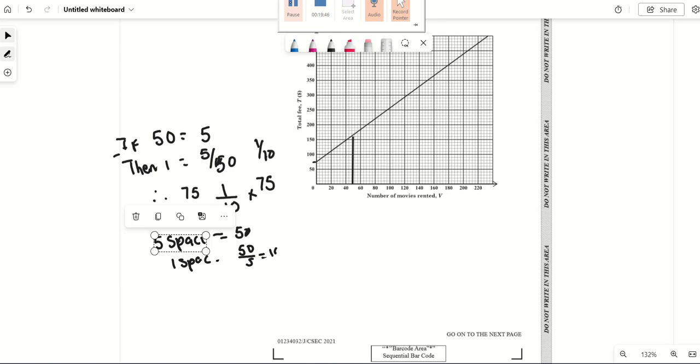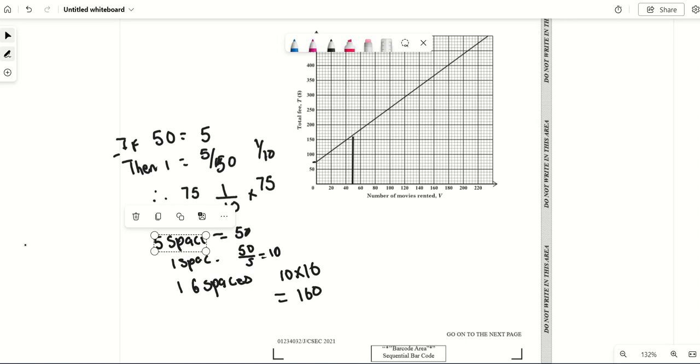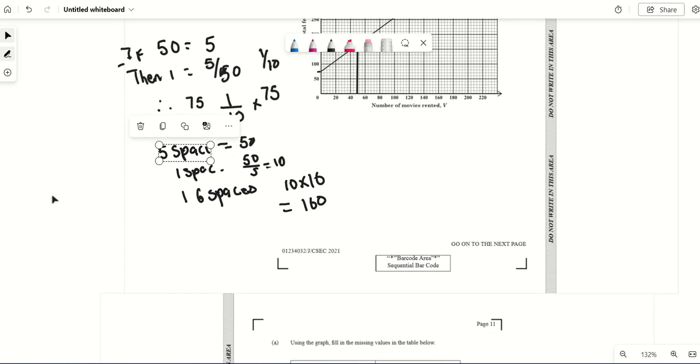So we have 5, 10, 15, 16. So 16 spaces would be 10 multiplied by 16, which is equal to 160. So that would be your answer for 50.